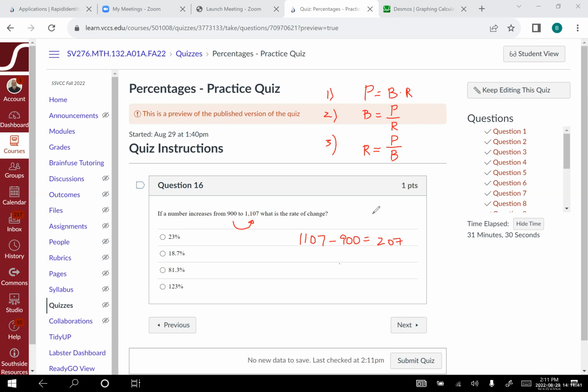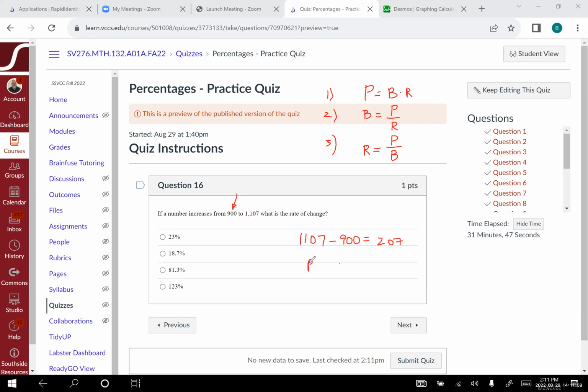Now, just remember when you're finding the rate of change, the base is always going to be the beginning number. Because you're wondering what percent did I change from the 900? So don't accidentally divide by the 1107. You divide by that first beginning number.